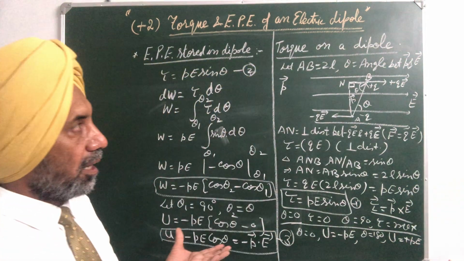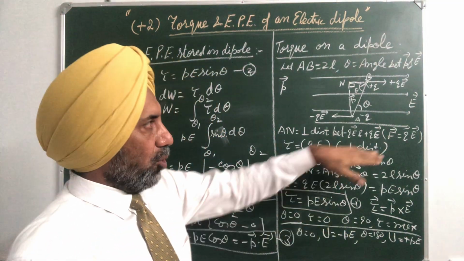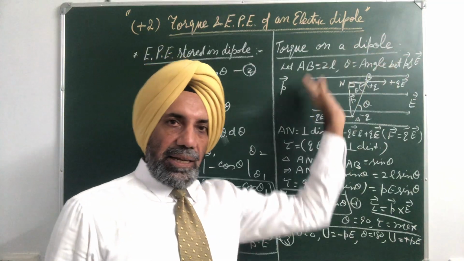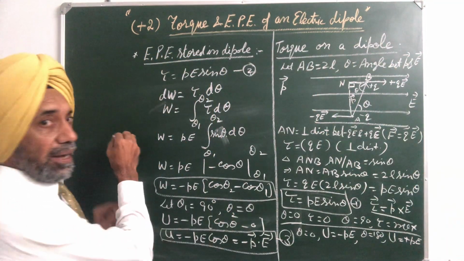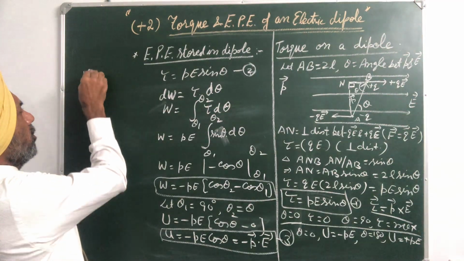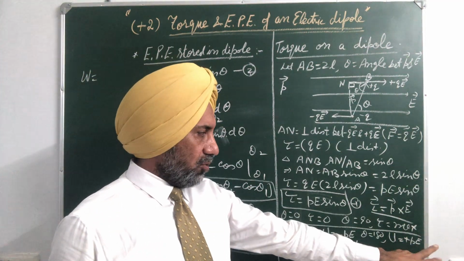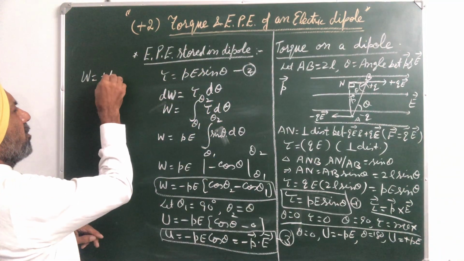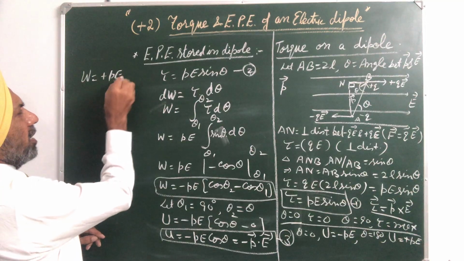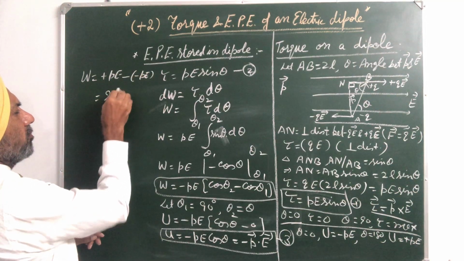It means the amount of work done in rotating the dipole through 180 degrees will be given by W is equal to final potential energy minus initial potential energy. So plus PE minus minus PE, that is 2 PE.